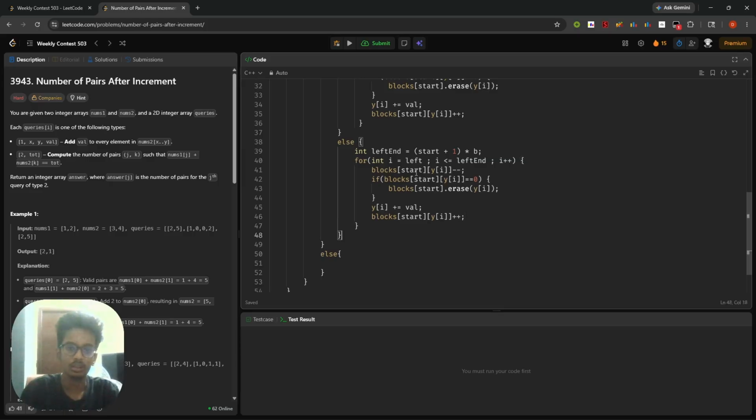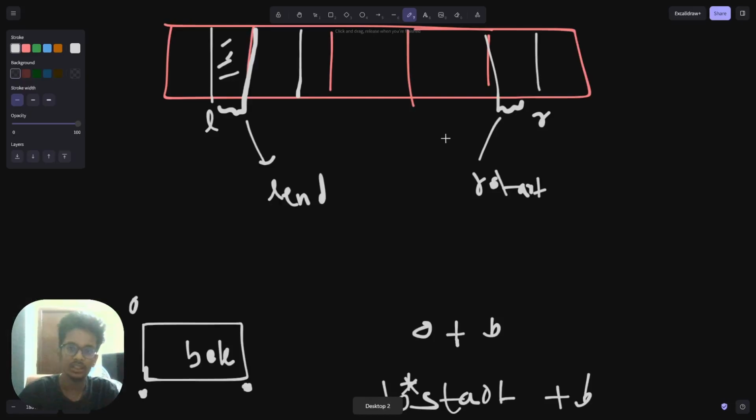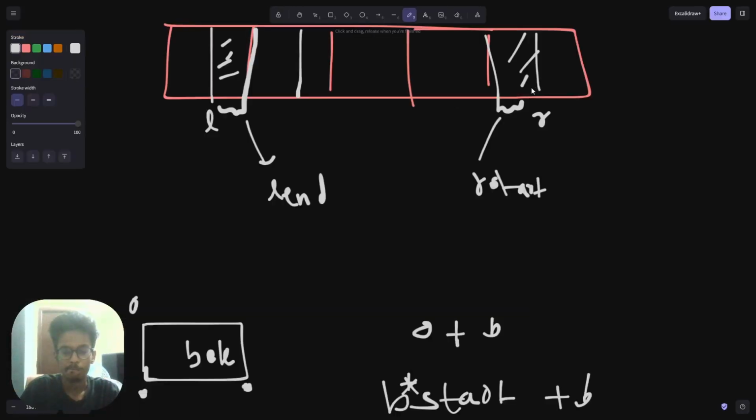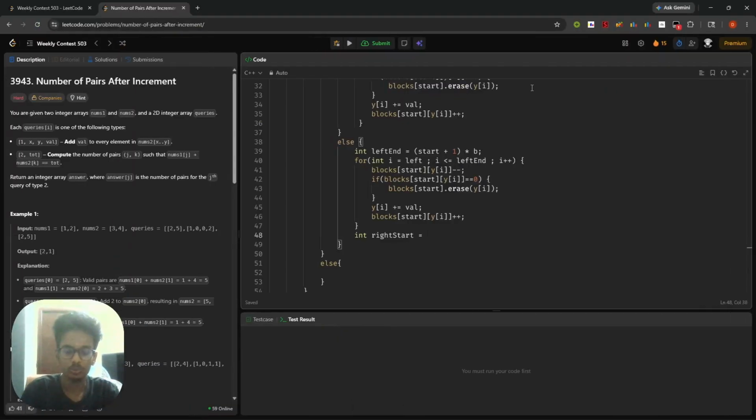And now coming to the other thing, which is this part. We need to compute the right start. How to compute the right start? Right start would be equal to end into b, isn't it?